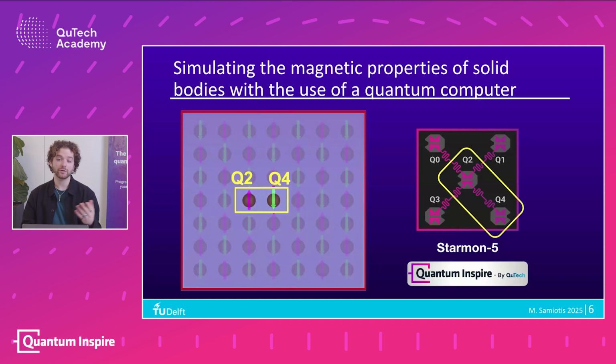I'm going to map the spin up to qubit 2 of Starmon 5, and the spin down to qubit 4 of Starmon 5. And notice how those 2 qubits are connected in Starmon 5.